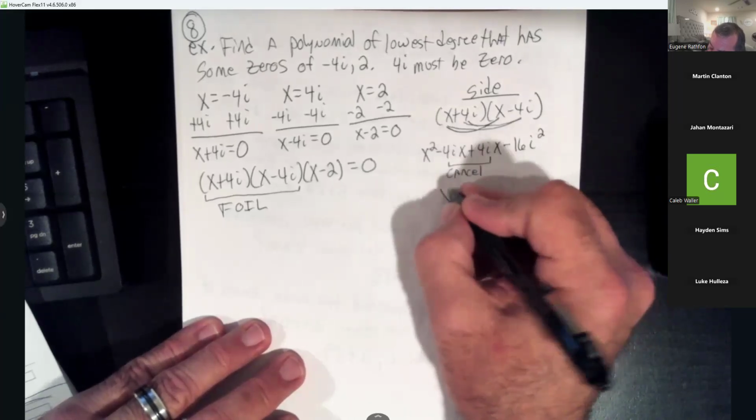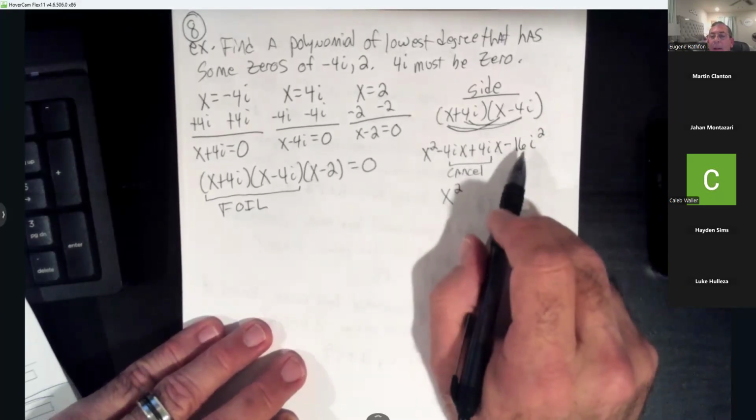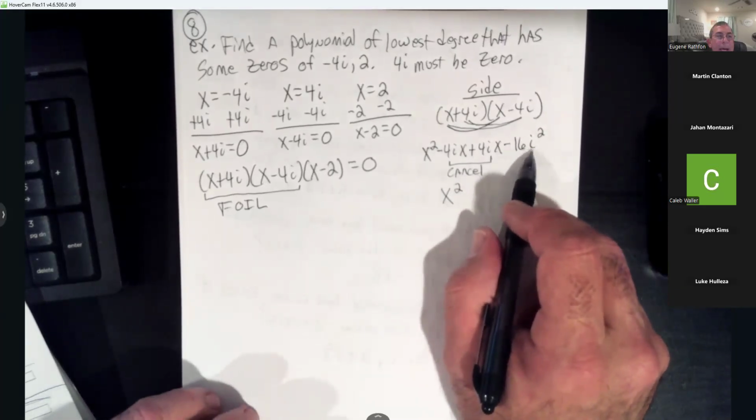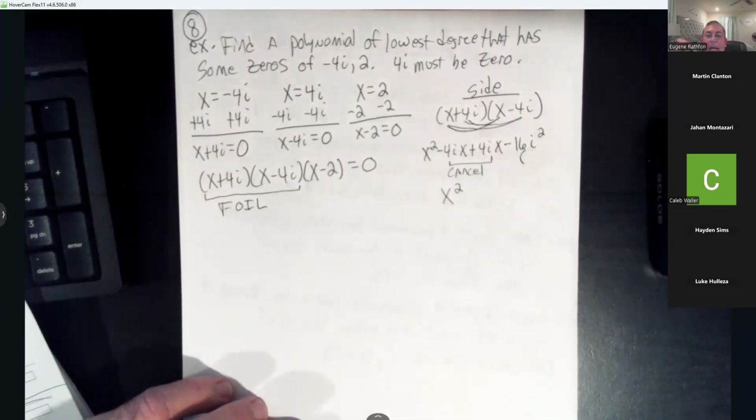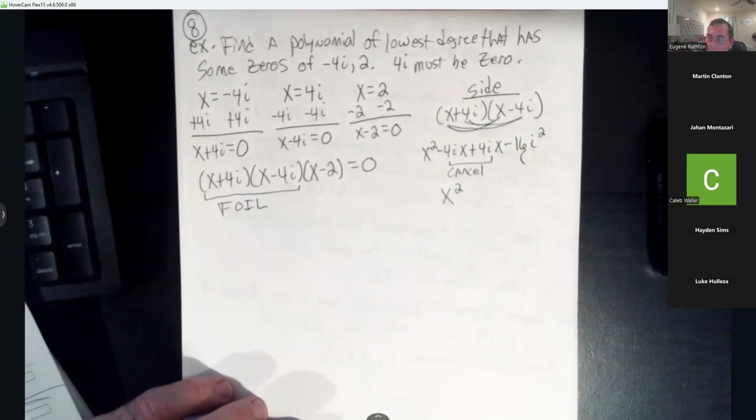So bring down that x squared. And y'all, what did we say i squared equaled? i squared always equals -1.